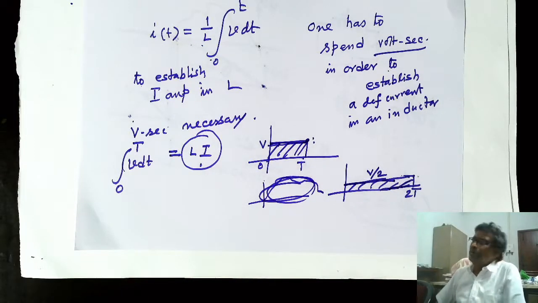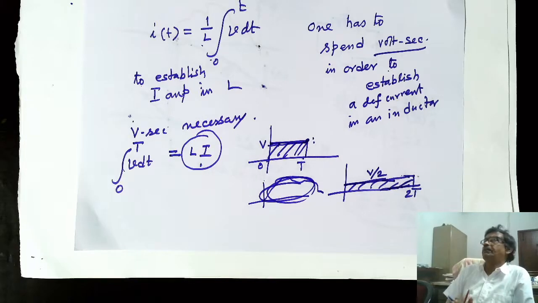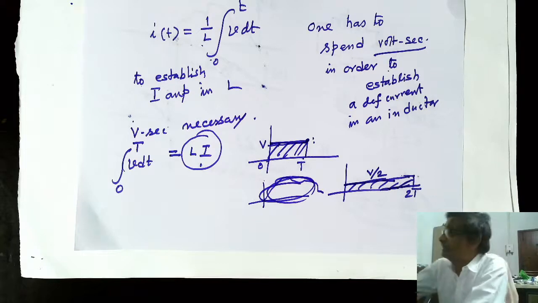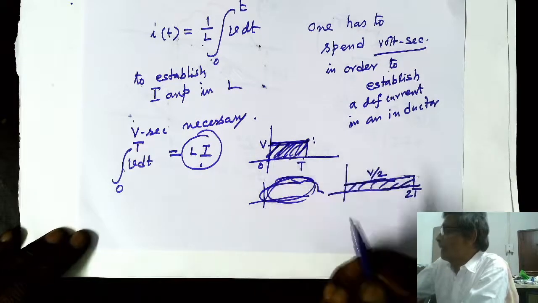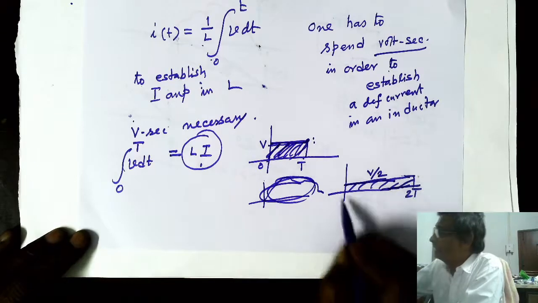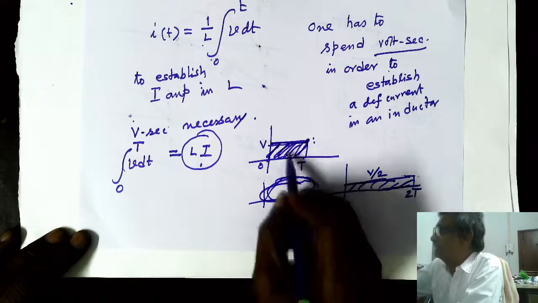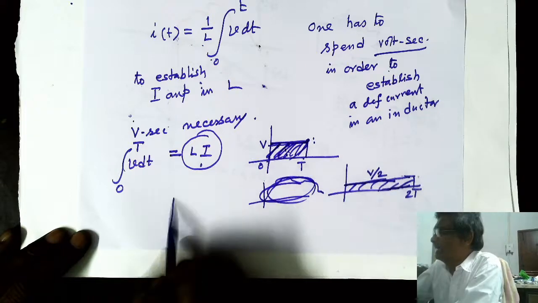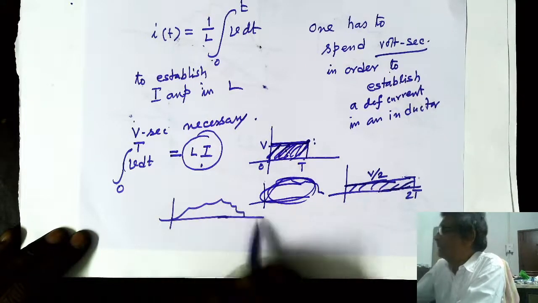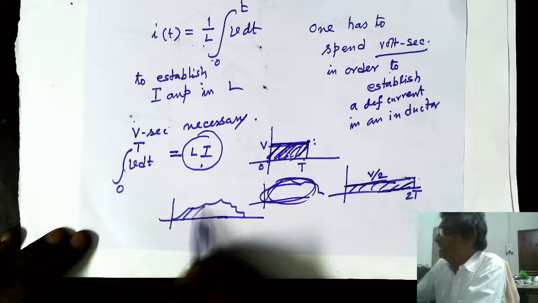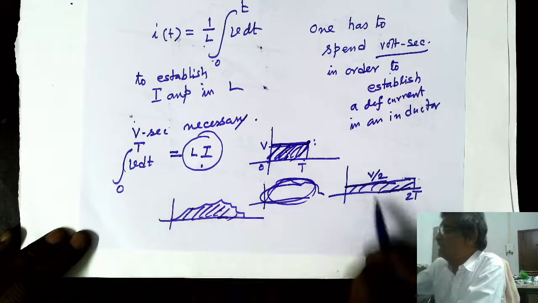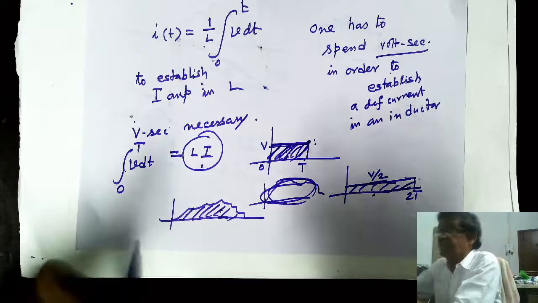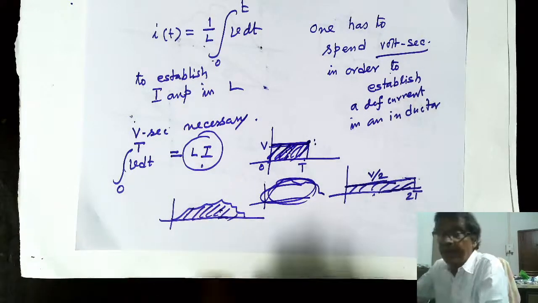Got the point? Hopefully you have got the idea of what I am trying to tell. You have to spend a certain amount of volt second to establish a current. What is that volt second? The area under this curve. Therefore, any voltage pulse with the same area, whether this pulse or any other pulse for some duration of time, if these areas are the same and you apply it to the same inductor L, at the end the same current will result.